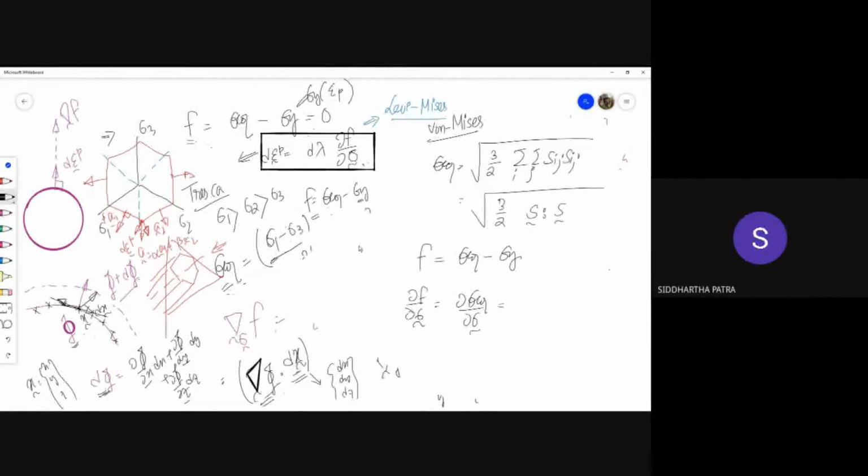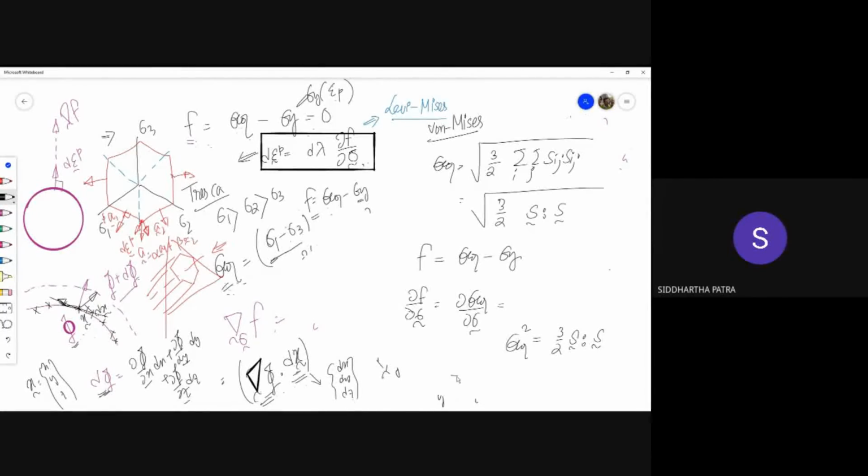Now I can write sigma equivalent squared as 3 by 2 s inner product s.